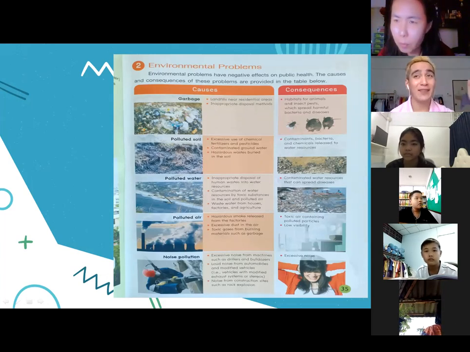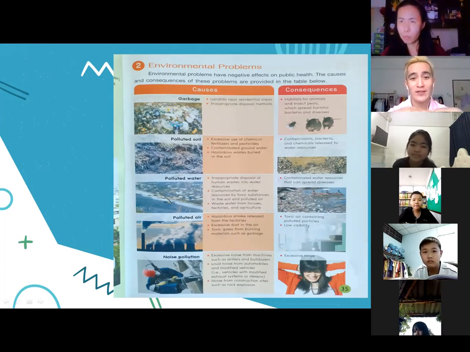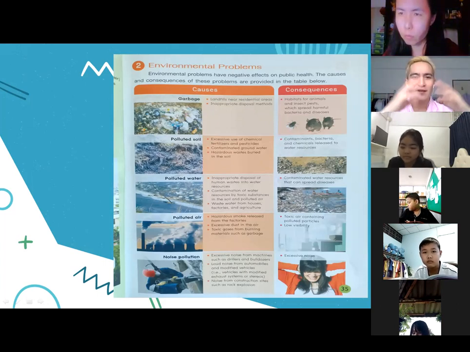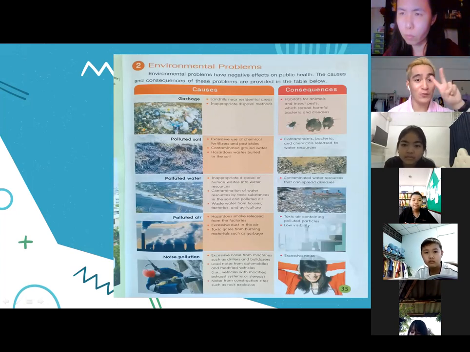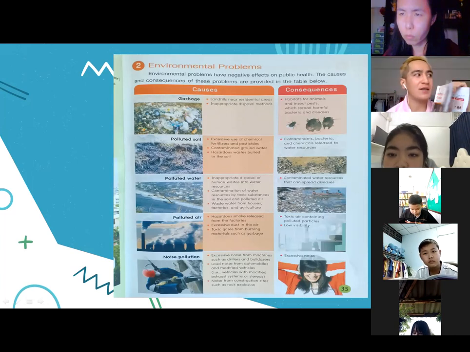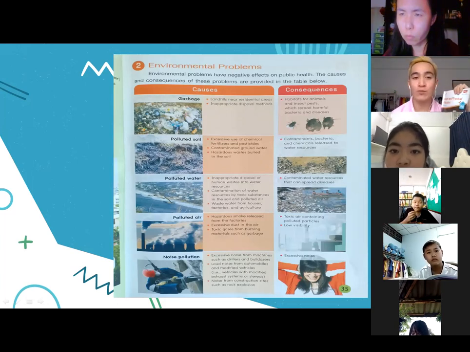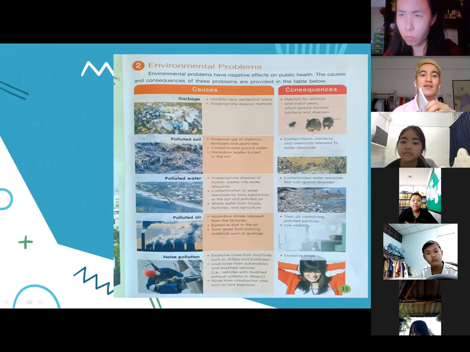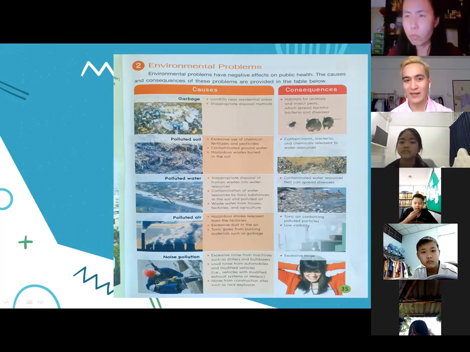So we have a lot of things that we can do. Let's start from the smallest thing. For example, since it's back to school, we have recycled notebooks, recycled paper. That is one that you should buy.